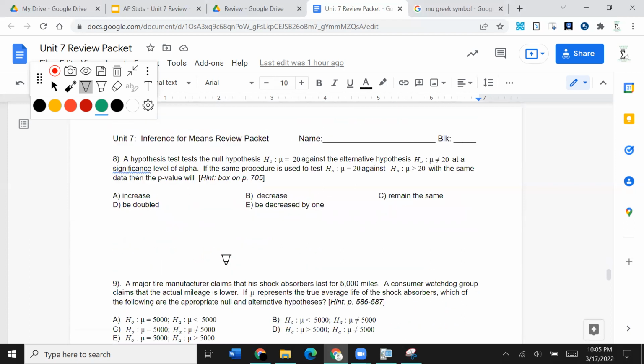Number 8, a hypothesis test for the null hypothesis H0: mu equals 20 against the alternative hypothesis HA: mu is not equal to 20 at a significance level of alpha. If the same procedure is used to test mu equals 20 against HA: mu is greater than 20 with the same data, what's going to happen to the p-value? So the way that works is if it's a two-sided test, in this case, this is going to be a two-sided, then whatever our sample is, let's say your null here is at 20.